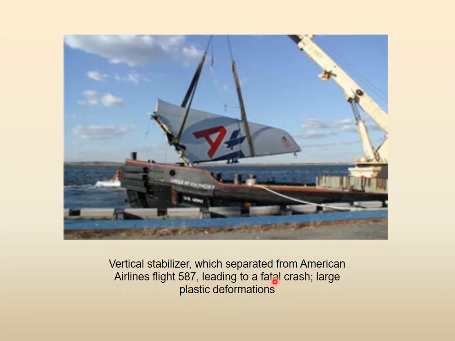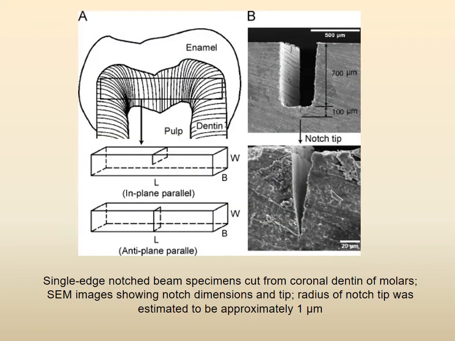Fatal crash means almost everybody died, right? So this is not something elastic. This is a major, large plastic deformation. These things happen in real life, and if we could predict that this will happen, then the world will be a much better place, right?